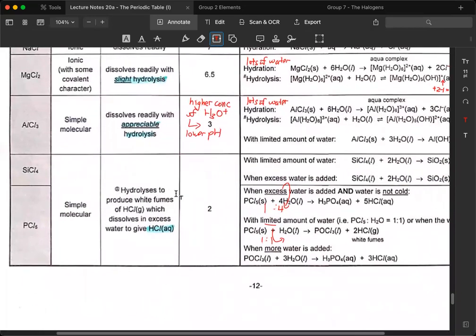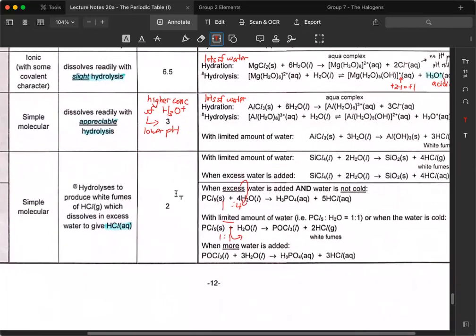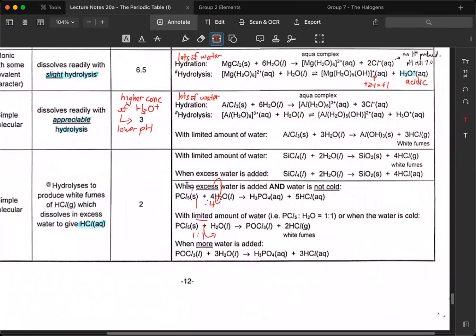They produce white fumes of HCl, which dissolve in excess water to give aqueous HCl, hydrochloric acid. So with a limited amount of water, just like your aluminium chloride just now, it forms an oxide, this time around not hydroxide. Only aluminium forms hydroxide and white fumes of HCl. With excess water, it will form aqueous HCl instead.